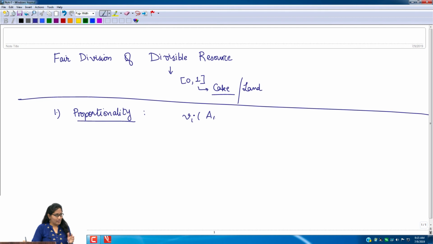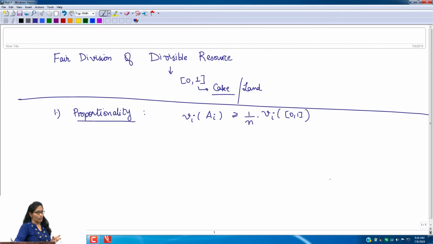Exactly. So this was proportionality: every agent gets at least 1/n of the total value of the cake, and this happens for all agents in the set 1 to n. I'm just denoting the valuation as Vi.